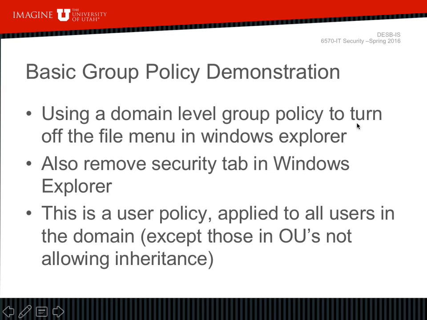This first demonstration is going to show a domain level group policy which is going to turn off the file menu in Windows Explorer for the default user profile. It'll also remove the security tab. And again, we're going to go into this concept of inheritance in this demonstration.